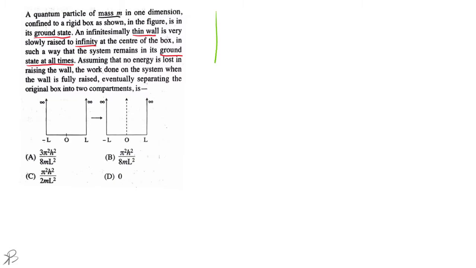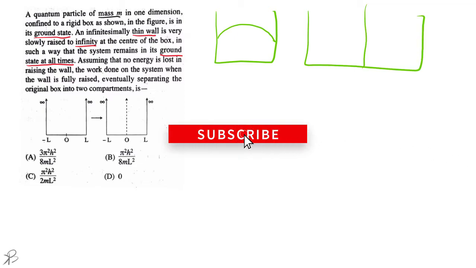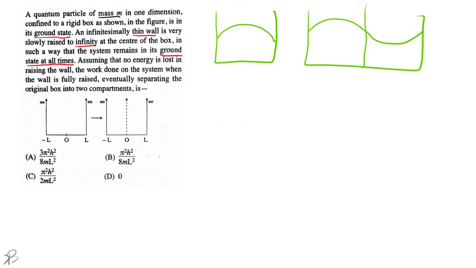So what we have is, initially for the first box, the wave function looks something like this, and later when there is a potential wall at the center, the wave function will look something like this. Now in this box, the nth energy level is n squared pi squared h cut squared by 2 m L squared.